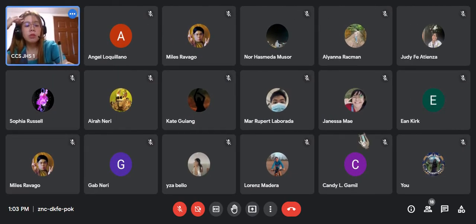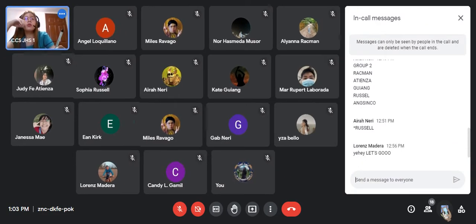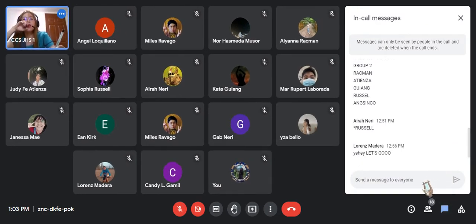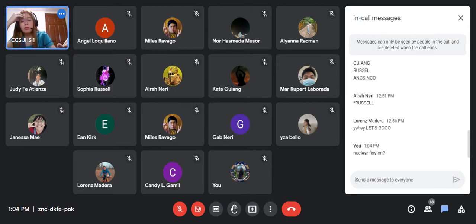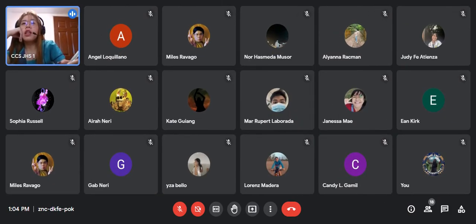Group 4, how is heat produced for nuclear power plant? It was mentioned by the reporter in her presentation. Okay, we have from Pauline, nuclear fission. Okay.